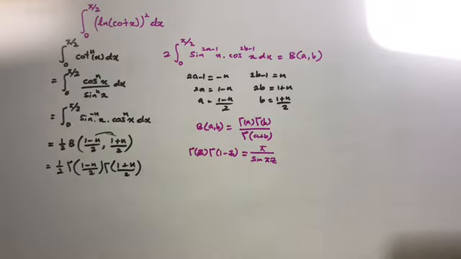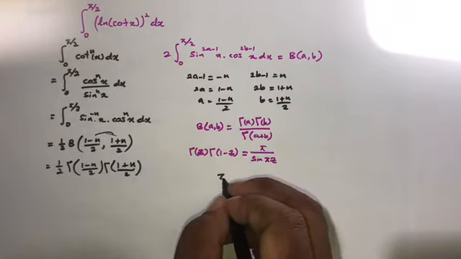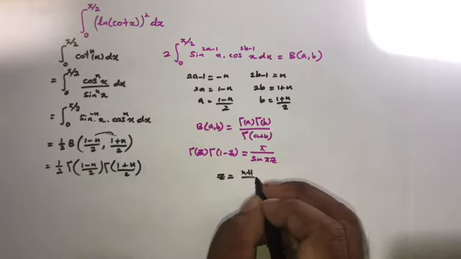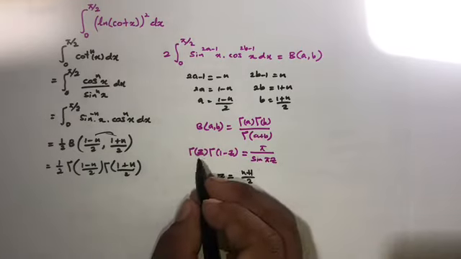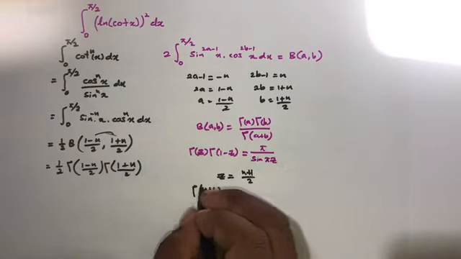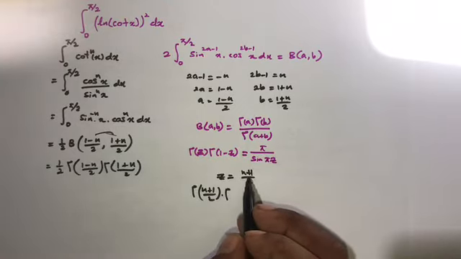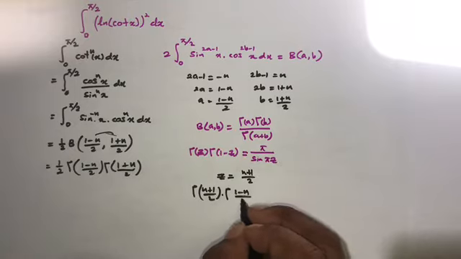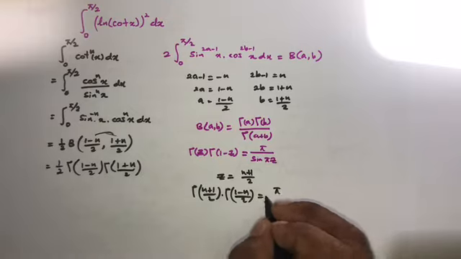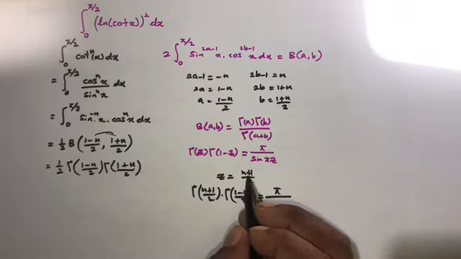Okay, now I'm going to take a substitution. If we take c equal to n plus 1 over 2, we can write gamma of n plus 1 over 2 times gamma of 1 minus n plus 1 over 2, that is 1 minus n over 2, and this is equal to pi over sine of pi times n plus 1 over 2.